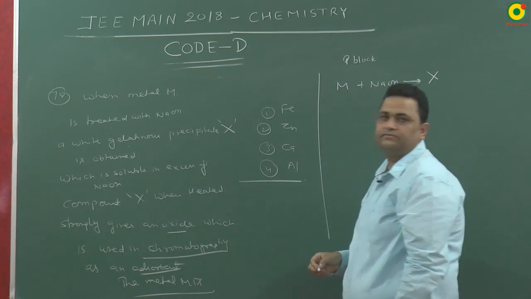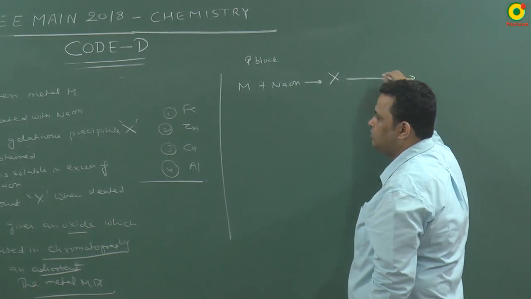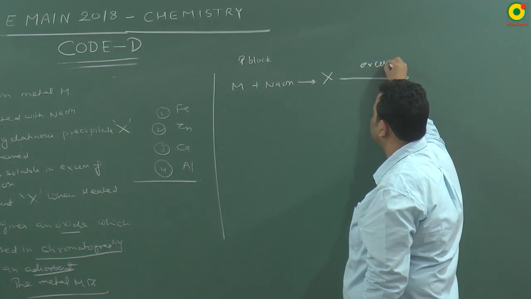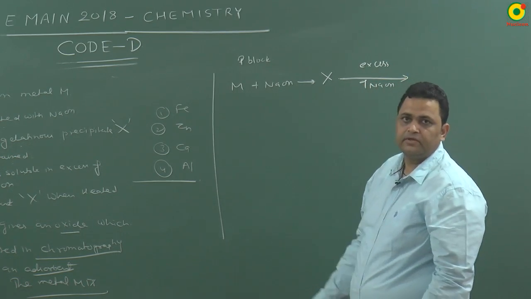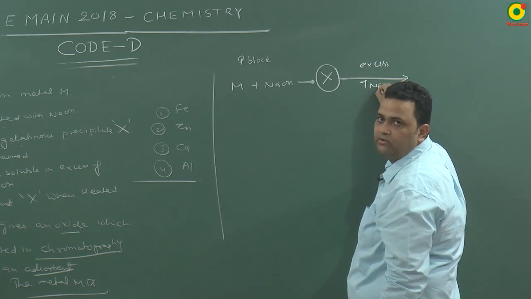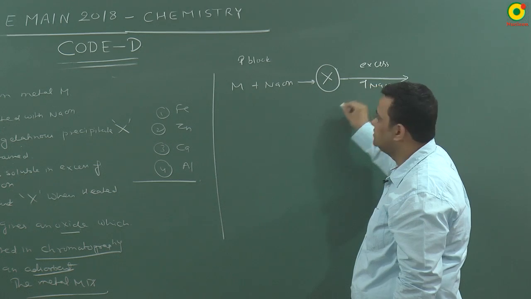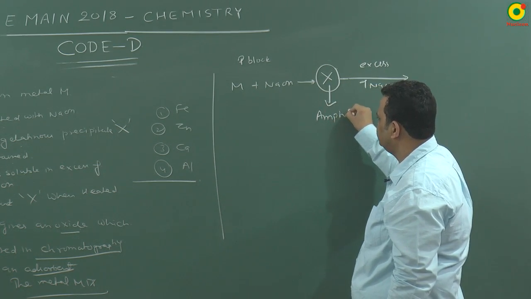The metal M is? He is saying that this X is soluble in excess of NaOH. Suppose this hydroxide is formed and it is soluble in NaOH, meaning it is reacting with NaOH. So this must be an amphoteric hydroxide.